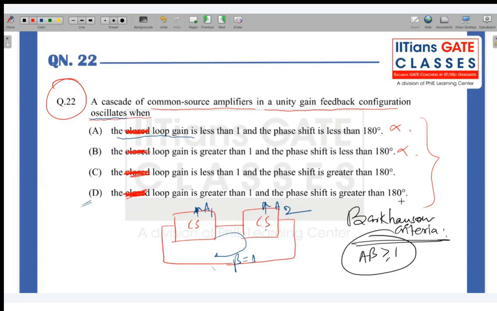What they have given here is a closed loop gain, and they are trying to find the closed loop gain being greater than 1. For an oscillator, let me tell you guys, the closed loop gain is infinity. Understood? The loop gain should be greater than 1, but this closed loop gain, I think there is some typo in the option.